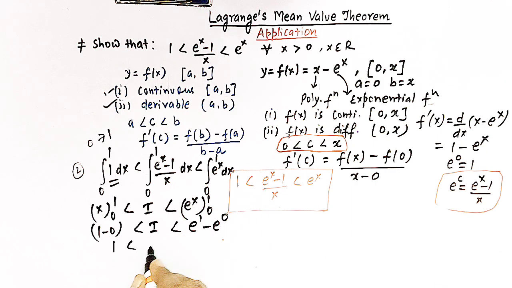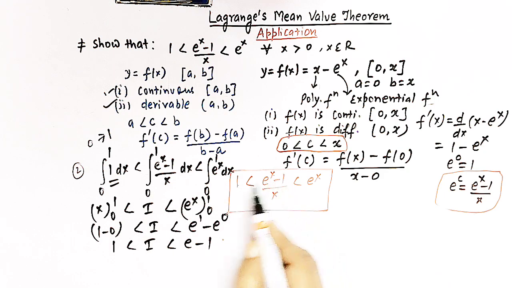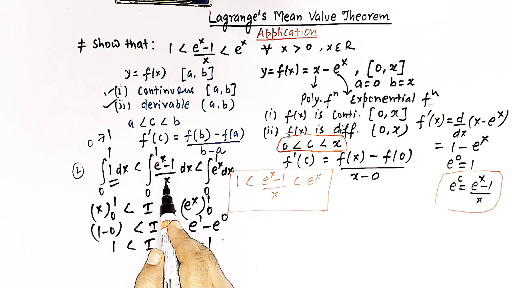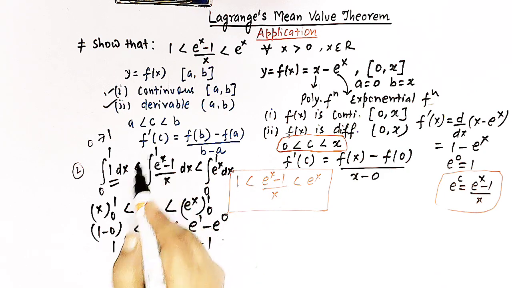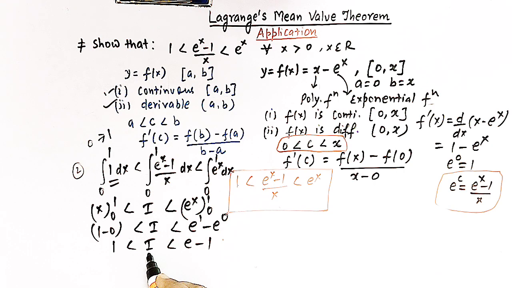So this is 1, this is I, and this is e minus 1, right? So the integral of the function e raised to x minus 1 over x from 0 to 1, which we are taking as I, lies between 1 and e minus 1, right? So this is another important deduction using this inequality.